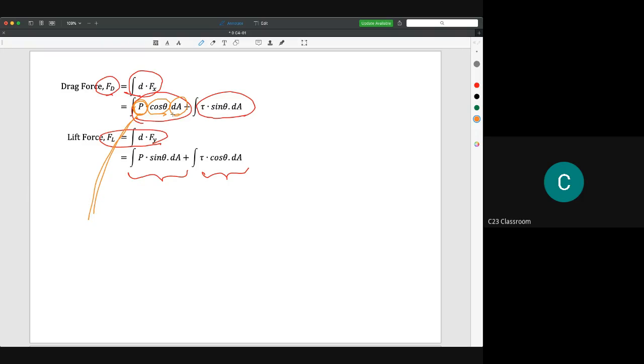It can also be measured. You can use a tape to measure the width and the length of that aerofoil, so you could calculate the area dA. So for the shear stress term, the sine theta and the dA are settled.